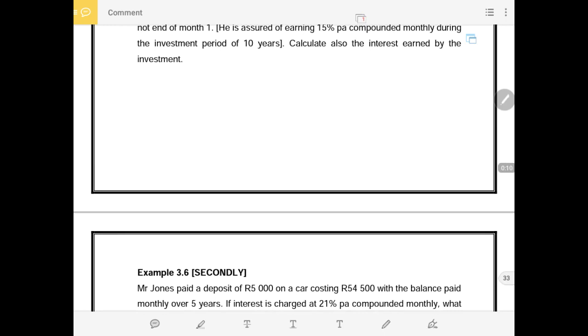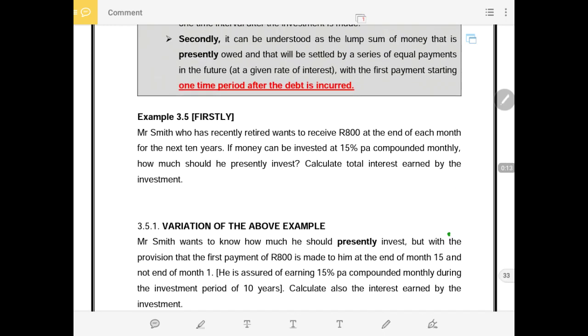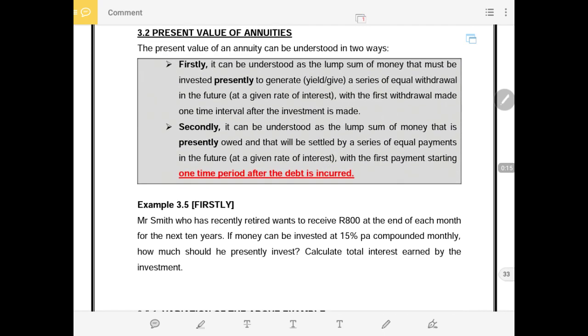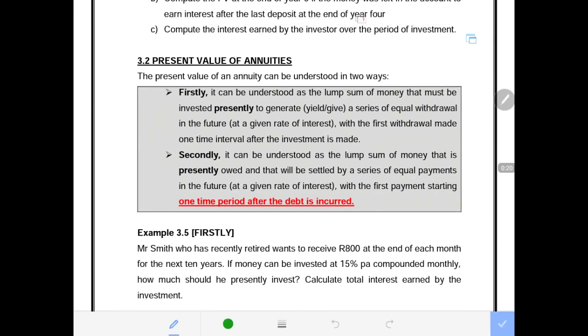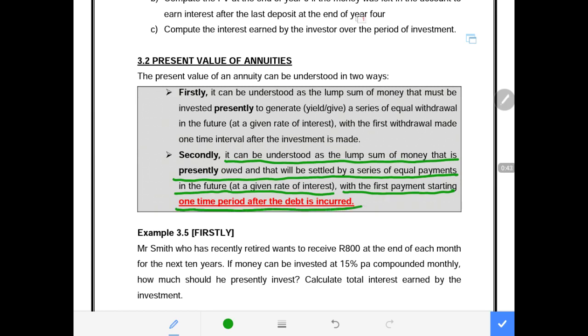Then now, secondly, what does secondly mean? Secondly is the second way in which the present value of an annuity can be understood. Present value of annuities can be understood as a lump sum of money that is presently owed and that will be settled by a series of equal payments in the future at a given rate of interest, with the first payment starting one period after the debt is incurred.